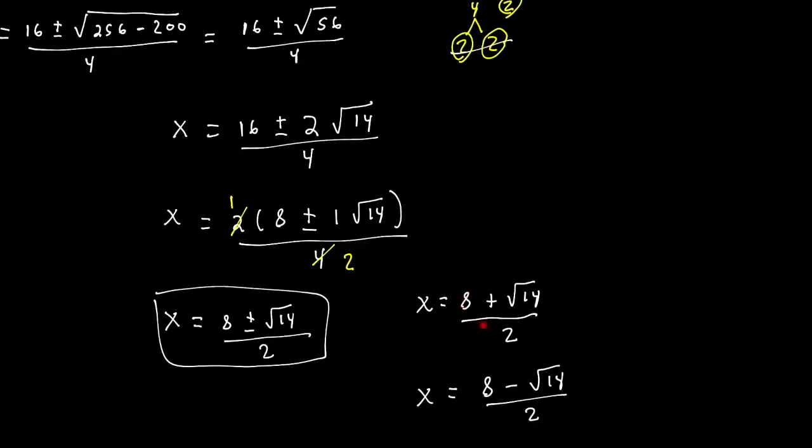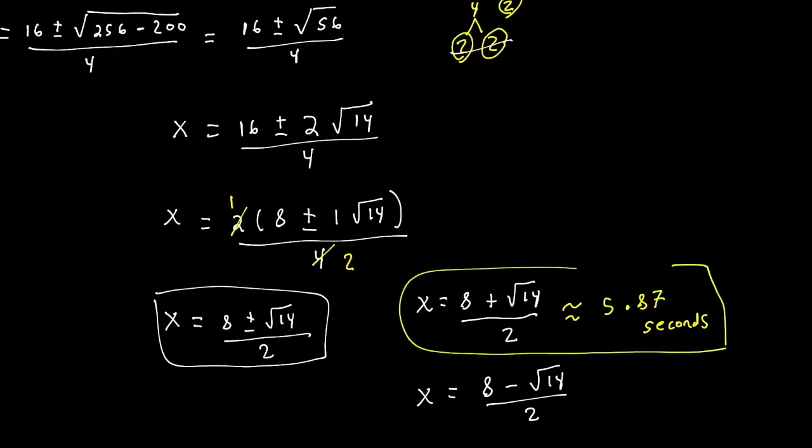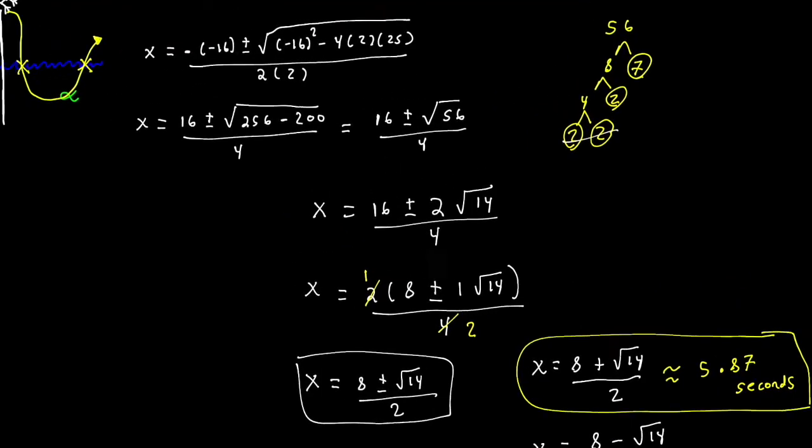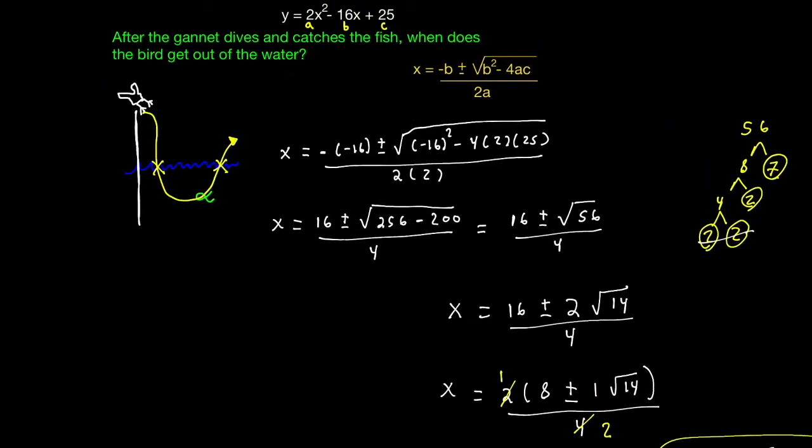Now, because I want the time, I'm going to approximate this, and using a calculator, I got an approximation of about 5.87 seconds. So at about 5.87 seconds, the gannet got out of the water.